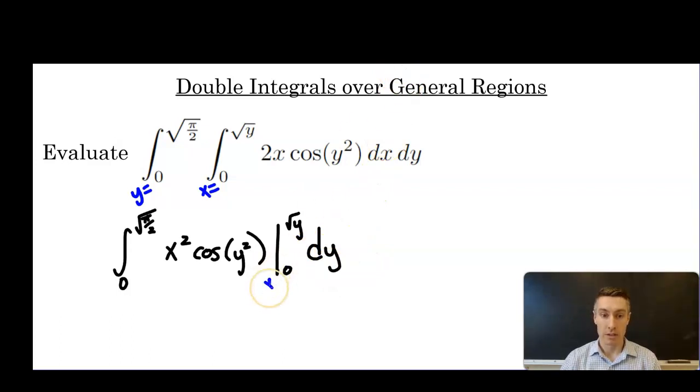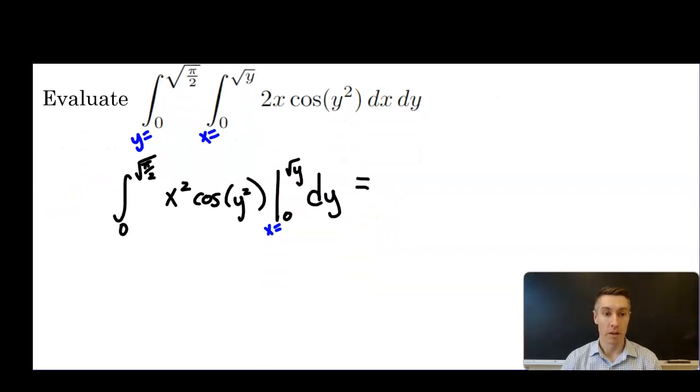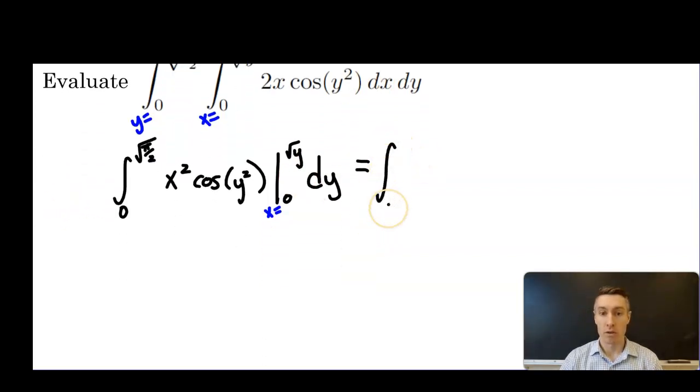And again, just in this first example, a reminder that these bounds are being plugged in to the x variable. So the integral from 0 to the square root of pi over 2 of square root of y squared, which is y, cosine of y squared, minus 0, so no second term there, dy.